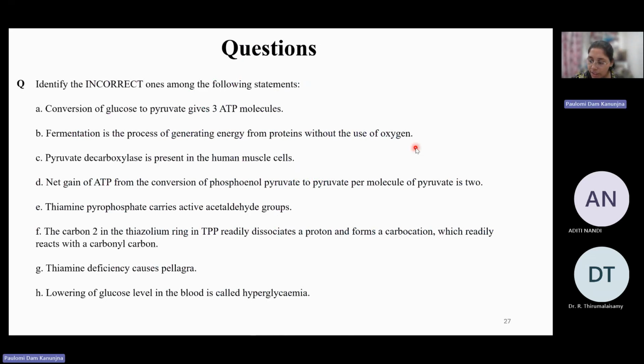A, B, C, D are incorrect. Okay, incorrect is the question, right? Yeah, okay.